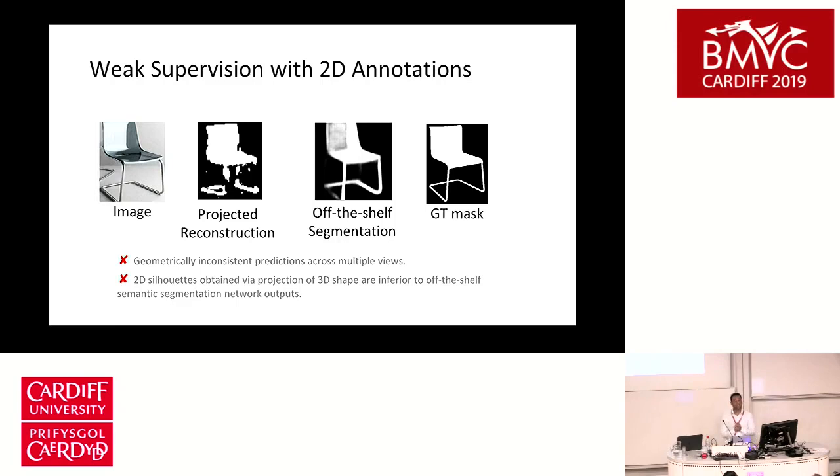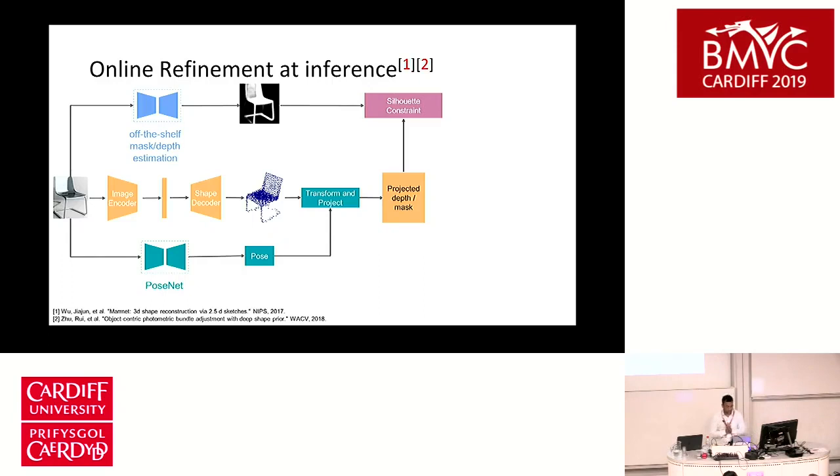So noticing this performance gap in segmentation, many recent approaches such as MarrNet or object-centric photometric bundle adjustment try to use an off-the-shelf silhouette extractor, a simple neural network like, for instance, DeepLab, which gives you the silhouette for an object given an instance, and try to optimize for the latent code which can generate a shape and pose, which then will give us a silhouette which is much more consistent than whatever the single view segmentation scheme is providing us.